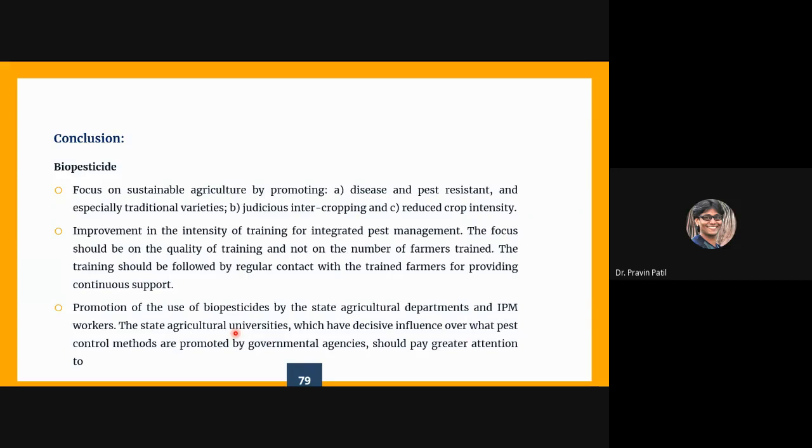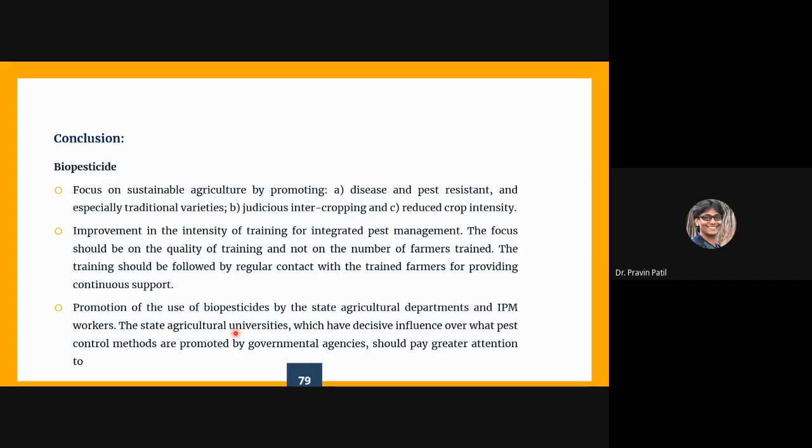Improve the intensity of training in integrated pest management. Integrated pest management is a program where several types of activities are combined to attain long-run pest control in a particular field.